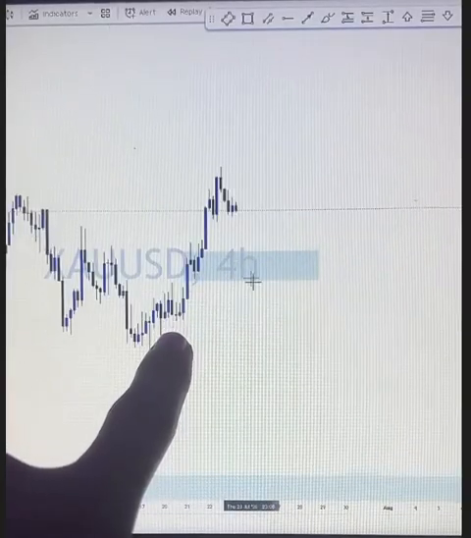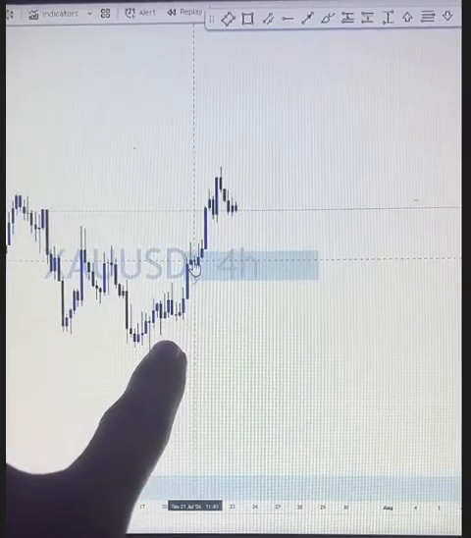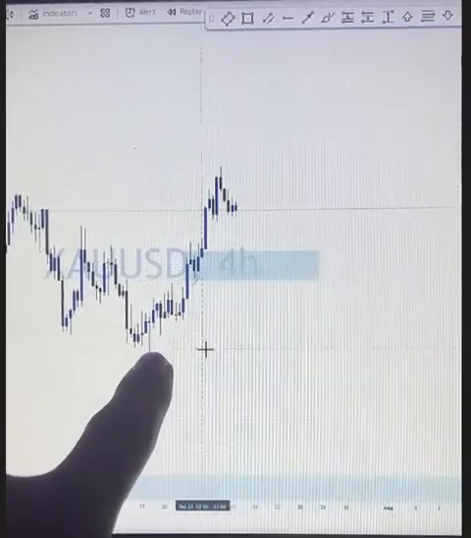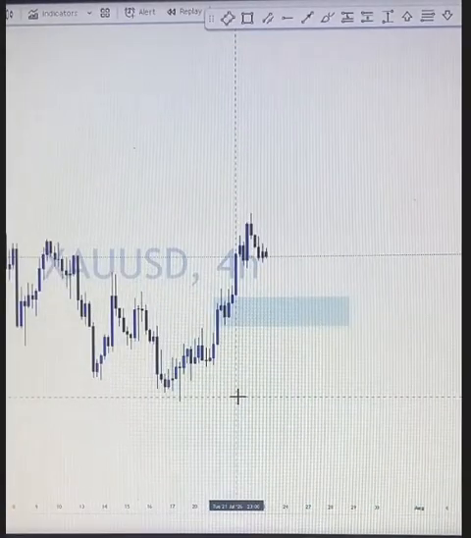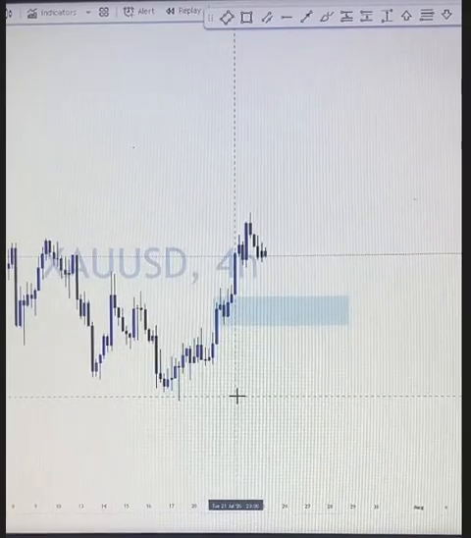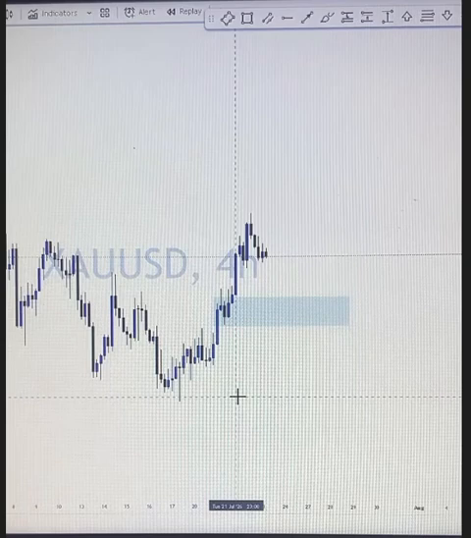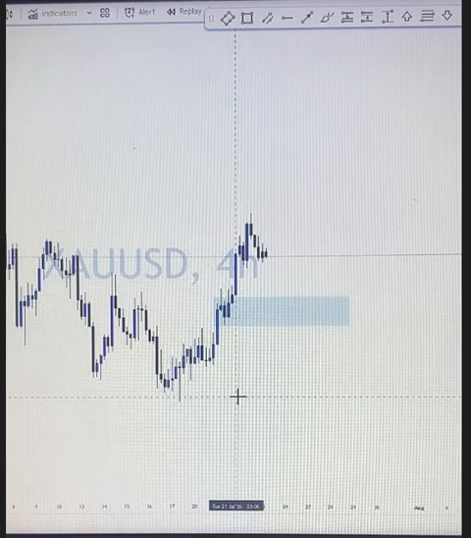Can anybody tell me why we leave this rectangle here? Why we kept this zone here? You guys are not giving me the right words. Unmitigated, fair value gap, point of interest, key level, higher time frame.